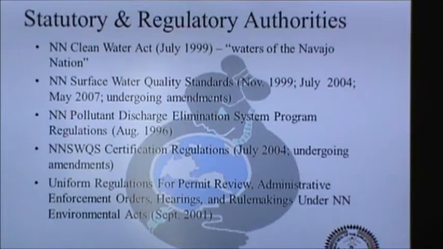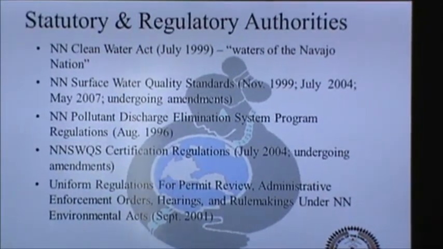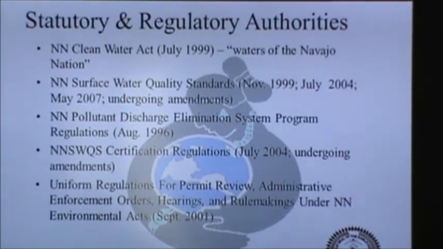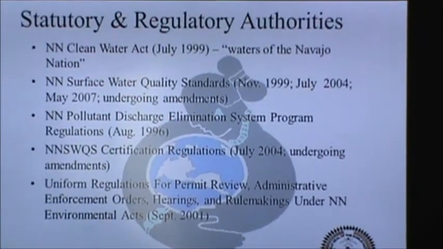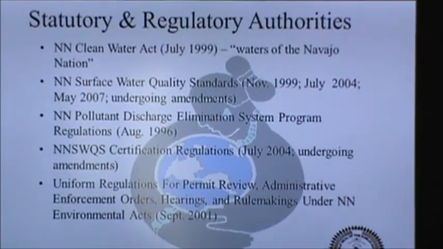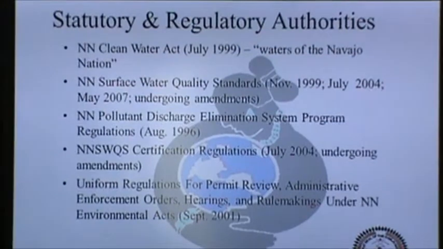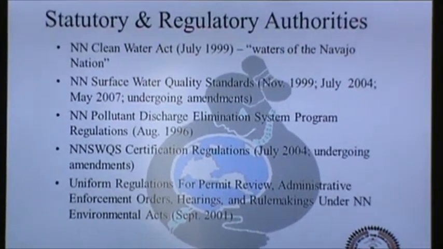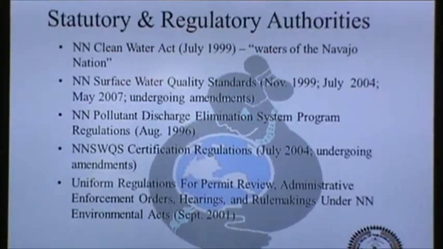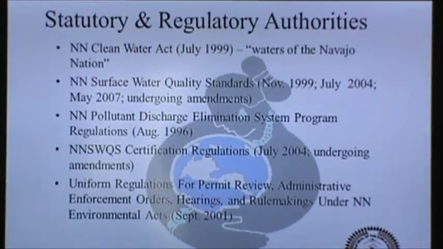We developed water quality standards, which have been amended 3 times, and we're currently going for a 4th one. We try to amend those every 3 years. We have our NPDES regulations, we have our 401 certification regulations, and we also work with the uniform regs that apply to all the programs. It deals with rulemaking and permit procedures.